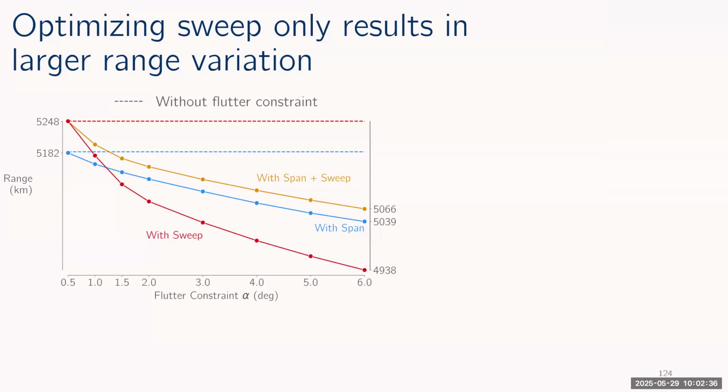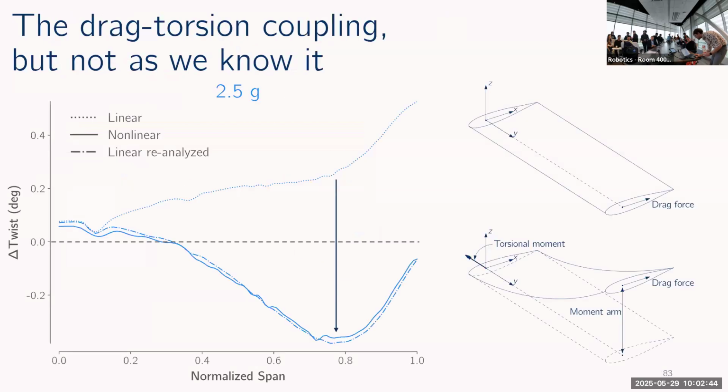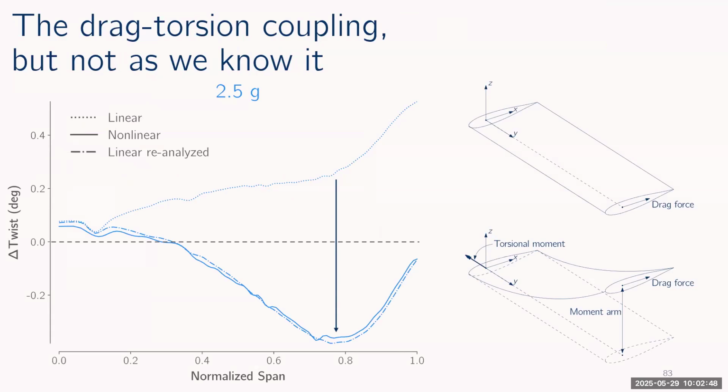Yes, please. On slide 83, you were showing the effect of drag on twist. Can you go back, please, to the slide? I was trying to get a feel of how much of an effect it has on span load. It twists less.